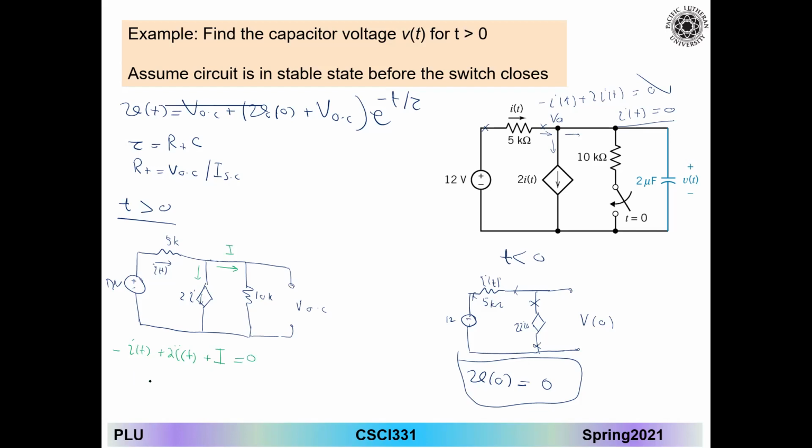So basically I have, here is the I from this equations here, I equal minus I of t. Now how do we find that I? We can use nodal analysis for the current.